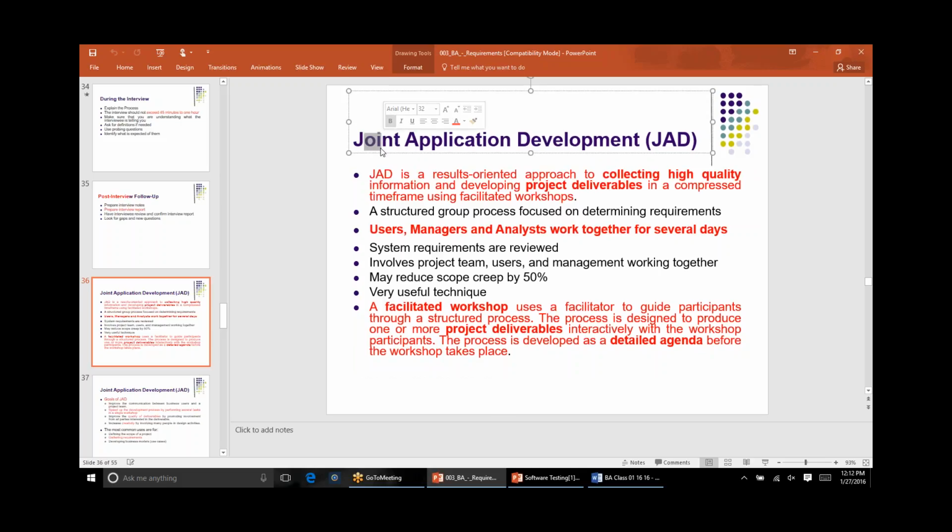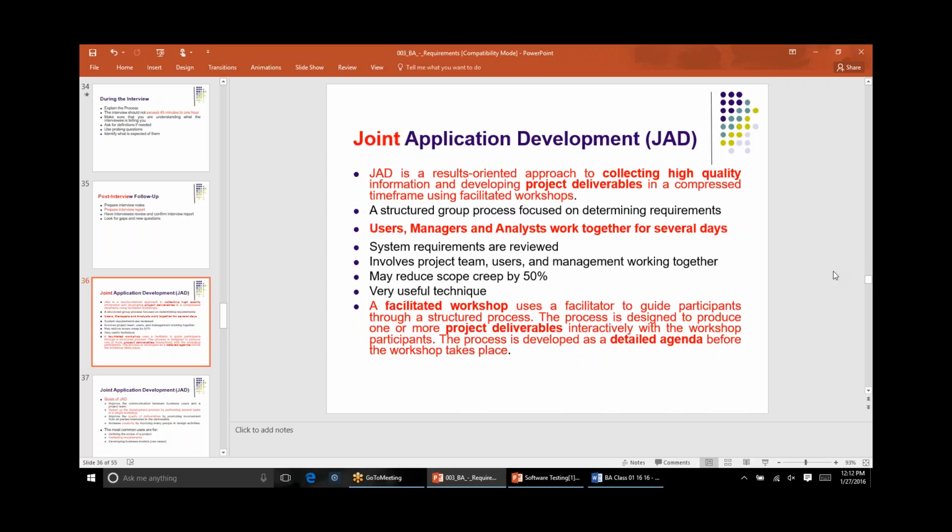Joint means working together, working jointly in the development process. In that, users, managers and analysts are working together for many days.